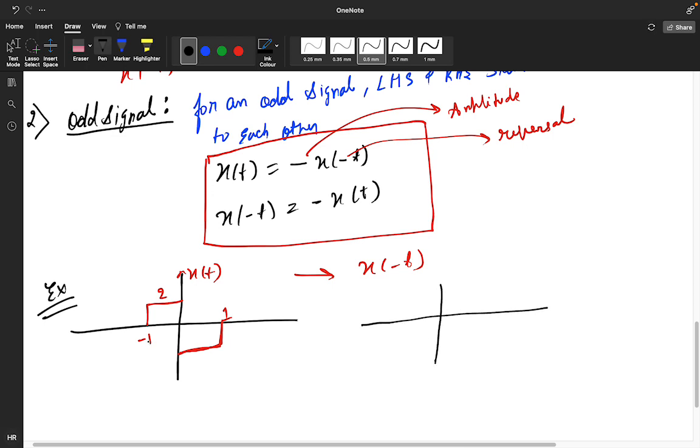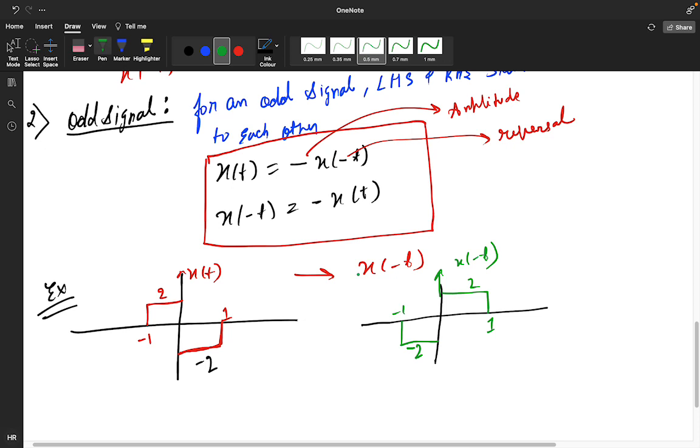This -1 will become 1, 1 will become -1, and this is your -2. So your new signal will be like this, -2, this is your 2, this will become 1 and this will become -1. So this one is your x of minus t.